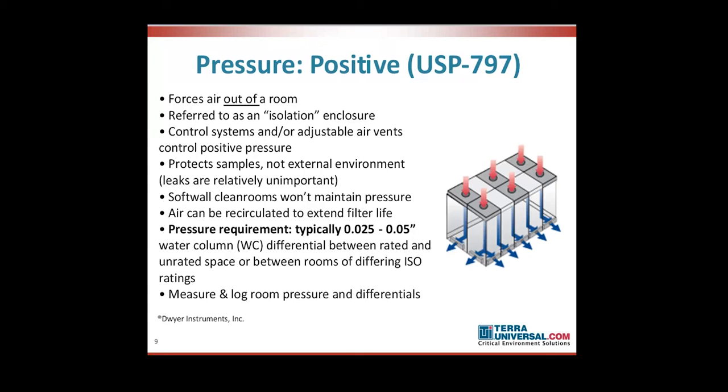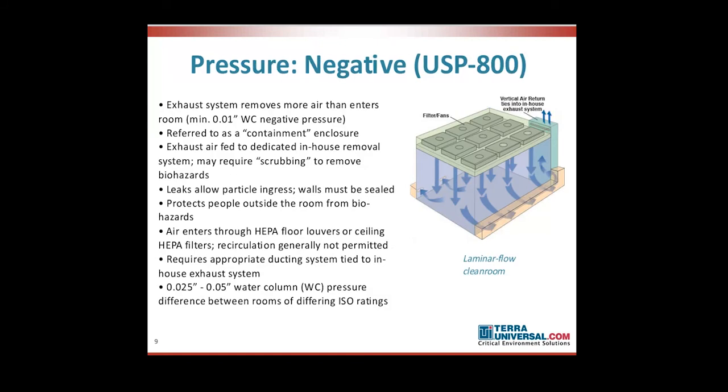The next consideration is a negative pressure room, a USP 800 containment room. The cleanliness requirements we just reviewed still hold. So we have our ceiling fan filters. We're maintaining the ISO cleanliness level that's prescribed, but now we need to pull a certain amount of air to maintain that overall negative pressure with respect to the outside environment.